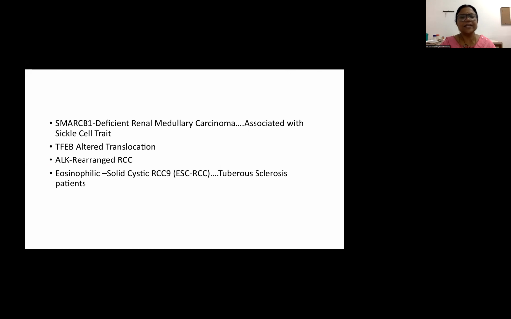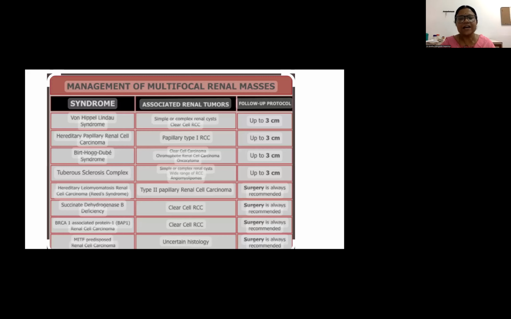Nobody tells you to learn all these entities by heart, but you should have a basic understanding that there is a set of tumors which can show syndromic association and familial predisposition, because if you get to see any such case as an index case in a family, you as the treating clinician are supposed to rule out other associations of that particular syndrome and also evaluate the family members to rule out whether any one of them has got the same thing.